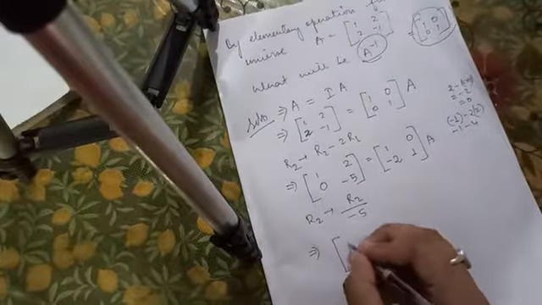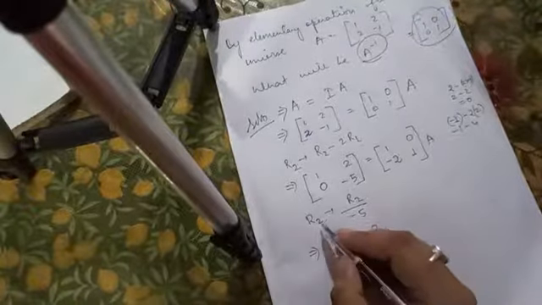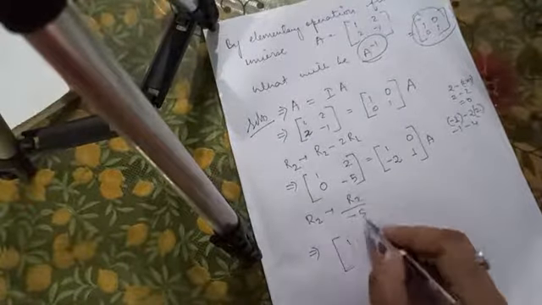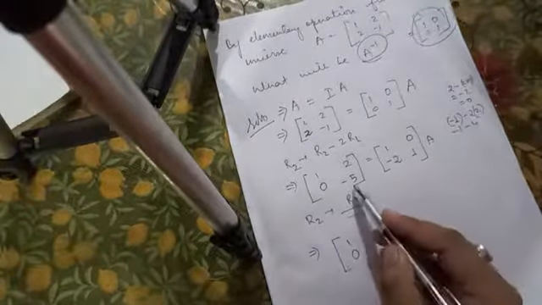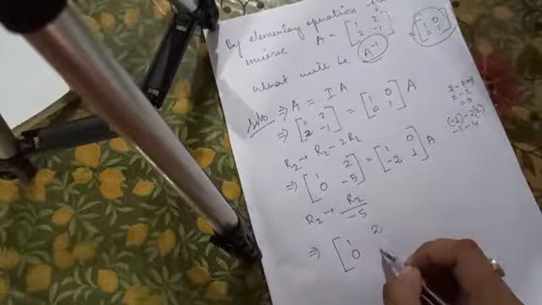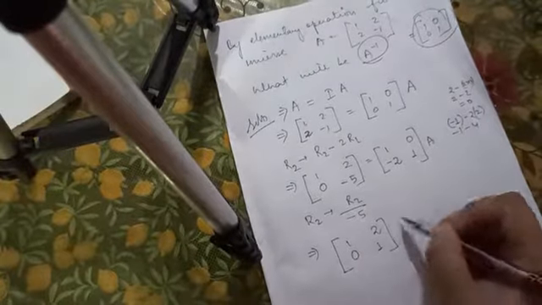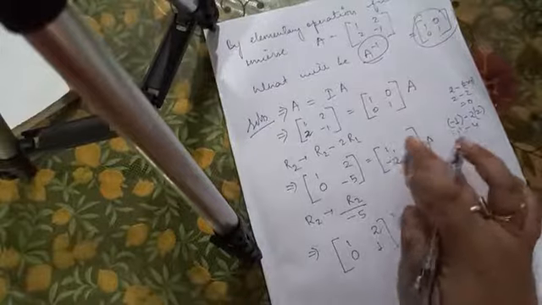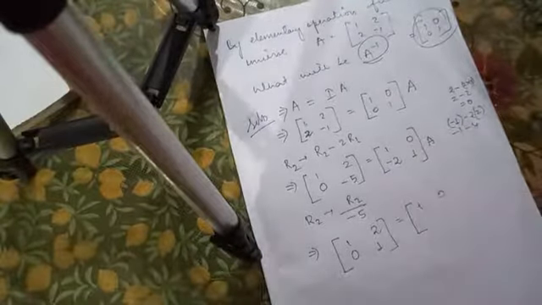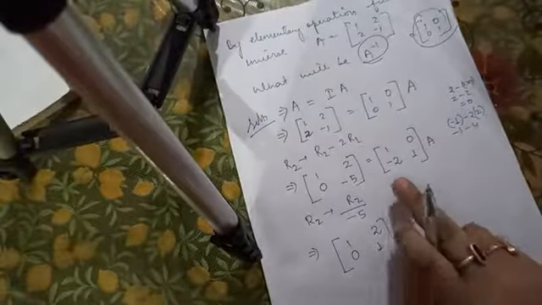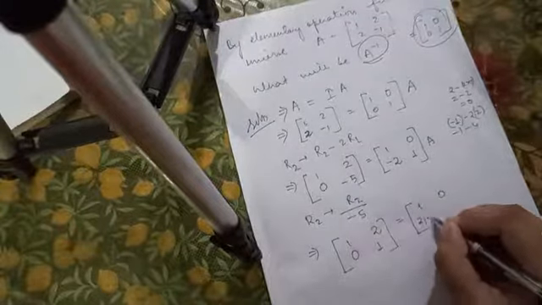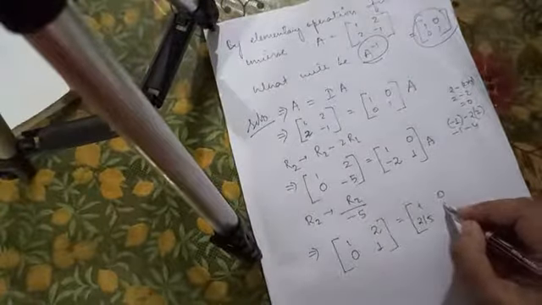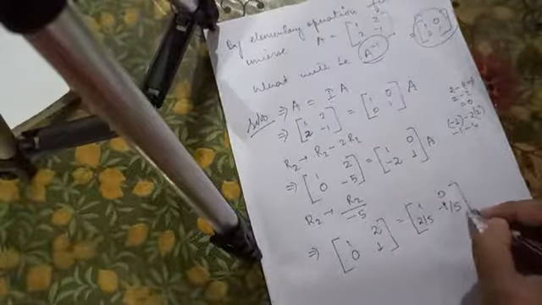On the left hand side again, row 1 will be unchanged. The row 2 element 0 divided by minus 5 will be 0. Minus 5 divided by minus 5 will be 1. Here also on the right hand side, row 1 will be the same, and row 2 will now be 2 by 5 and minus 1 by 5.